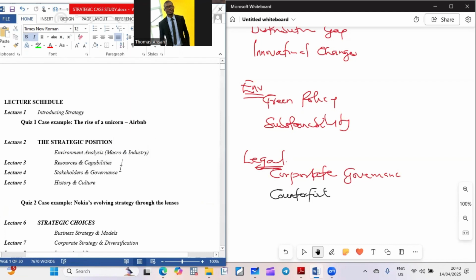So inbound logistics, outbound logistics, we are going to use the value chain. When we come to internal resources, we are even going to use the balanced scorecard inside it. Corporate governance will take the whole day because there's a lot on it. If you are doing audit, this is your chance, because corporate governance is a 10 marker in audit, and here too it is like 10 to 20 marks in your work. So it is something we will look at.